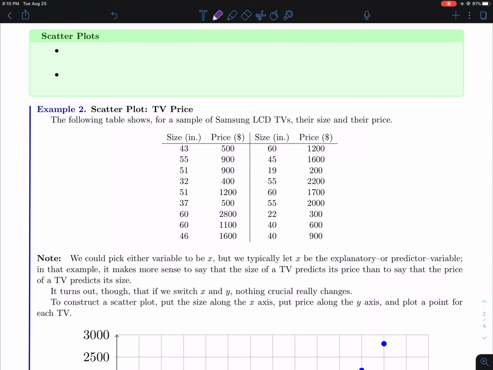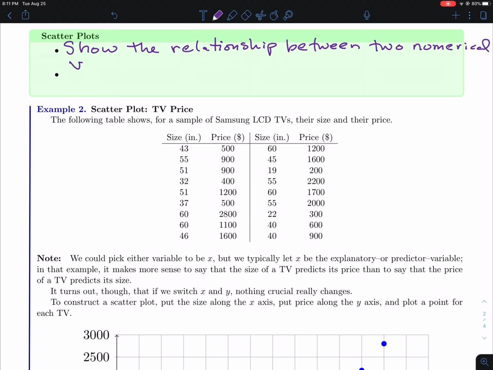So scatter plots, think of this as like plotting lines and things like that in an algebra class. Everything that we're going to work on is going to be ordered pairs. What it's trying to do is show the relationship between two quantitative variables, or numerical variables.